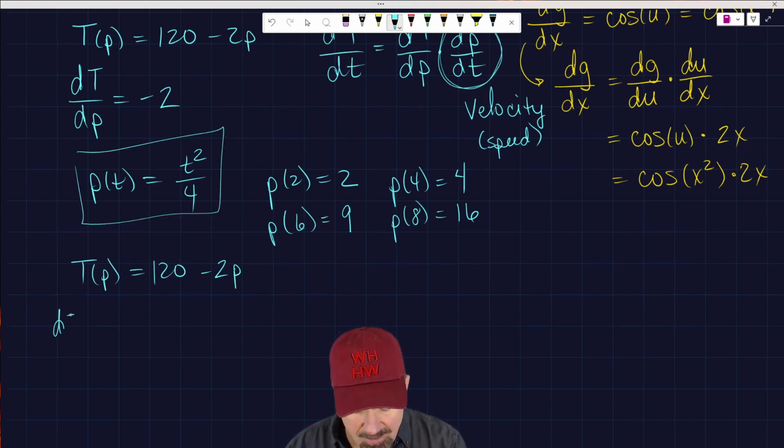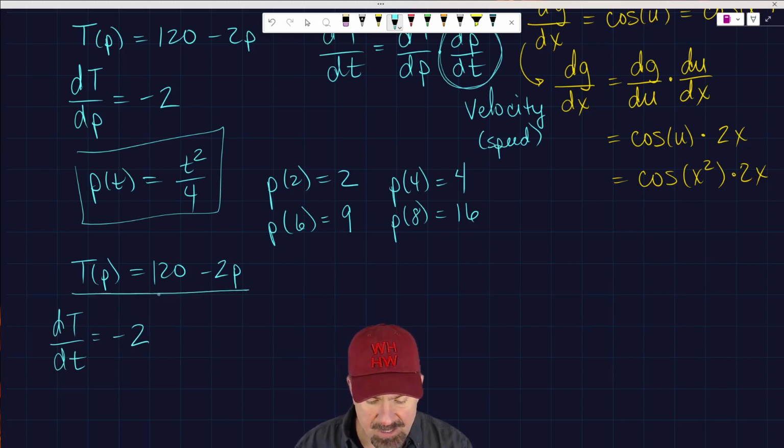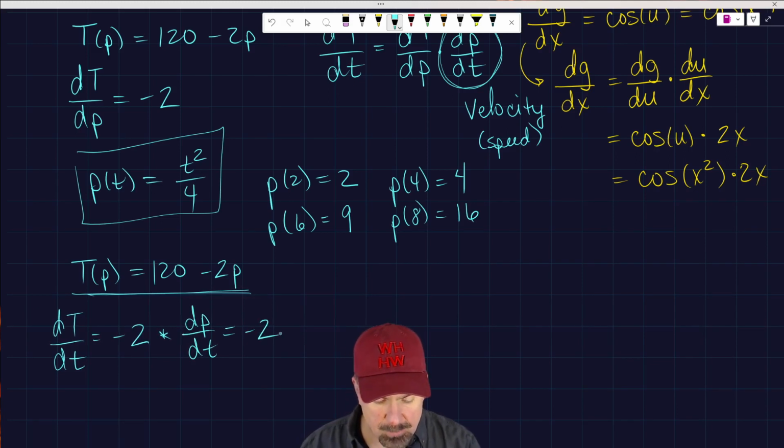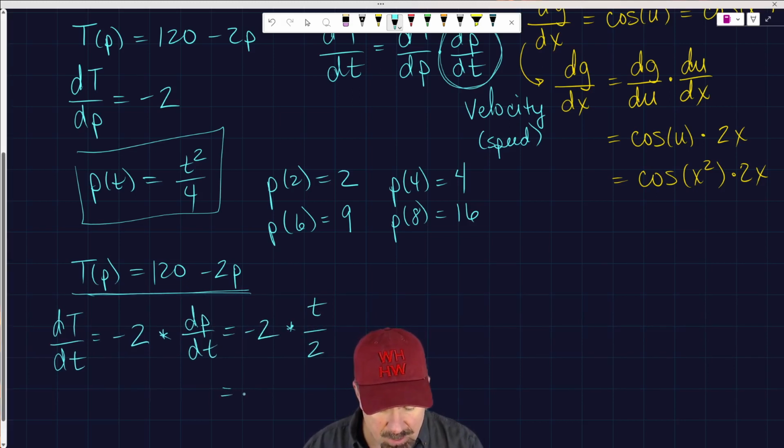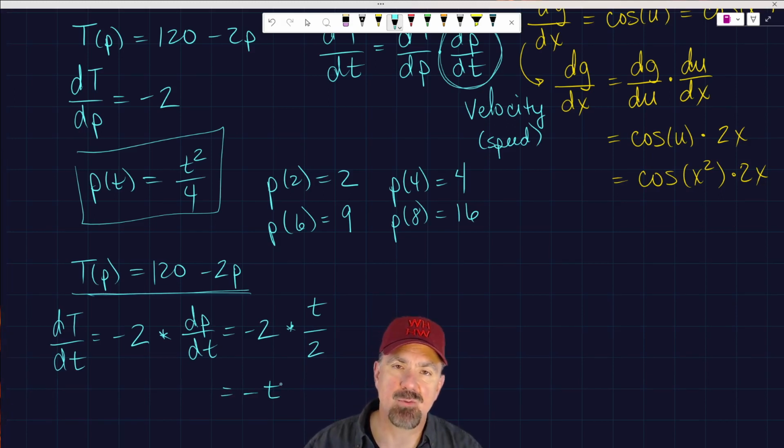So when we take the derivative of T with respect to time, this is going to be our -2, which is the derivative of T with respect to P, multiplied times the derivative of P with respect to time. And that's going to be -2 multiplied times t over 2. And that's going to be equal to -t. That is the rate at which the temperature changes as we move through the room.